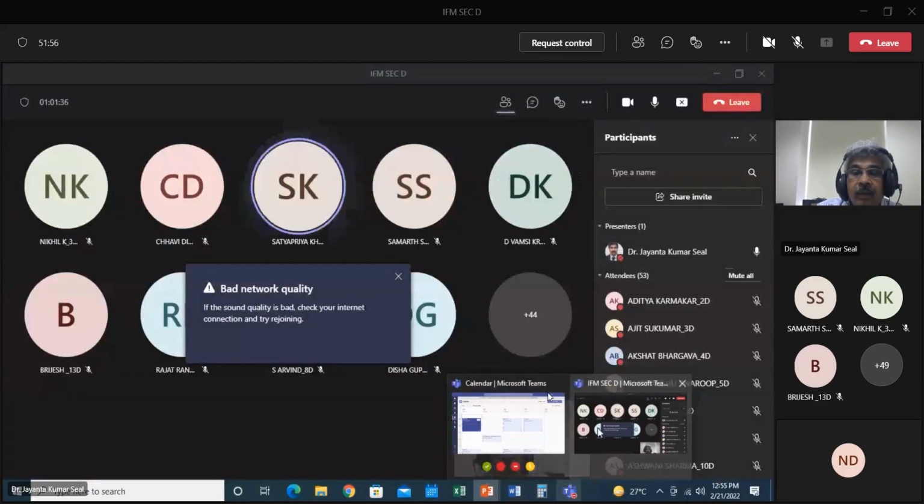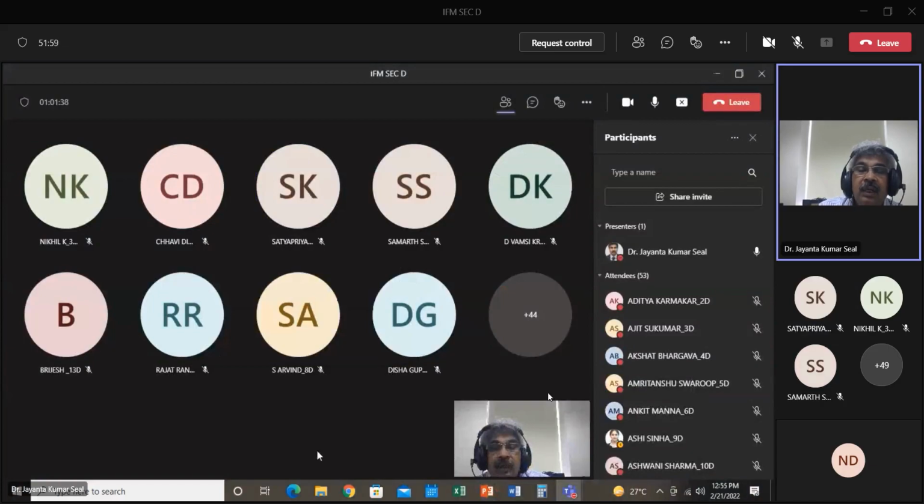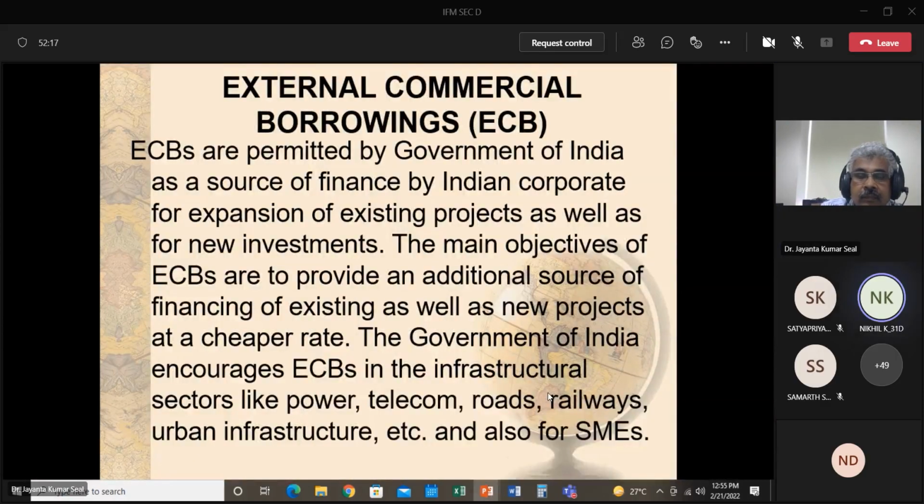Yes, sir. So the basic idea is that foreign direct investment is in the form of equity, where you have a stake, and external commercial borrowing is a loan. Anybody any question? No, sir.